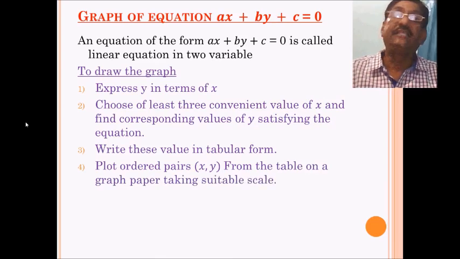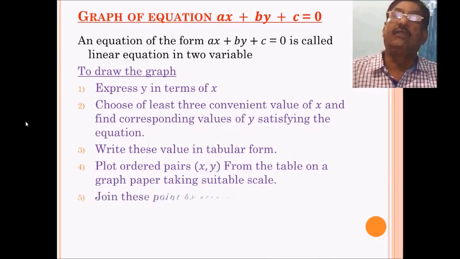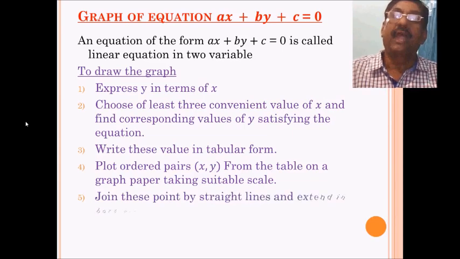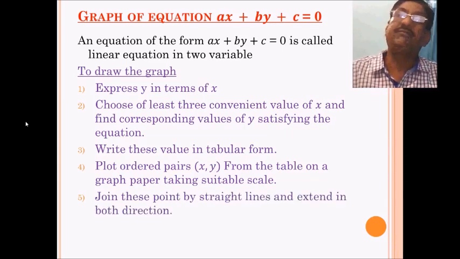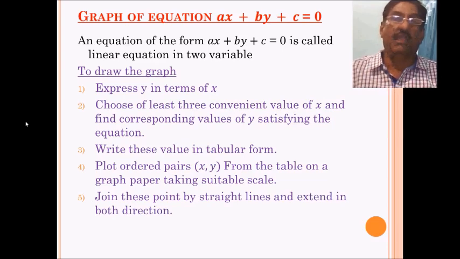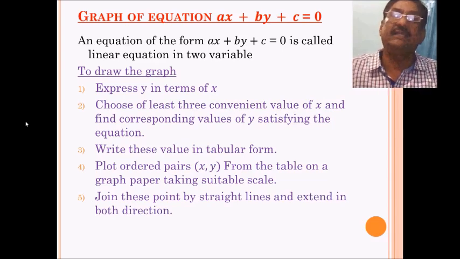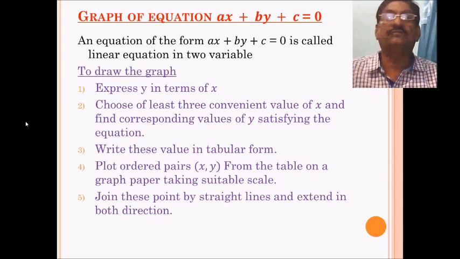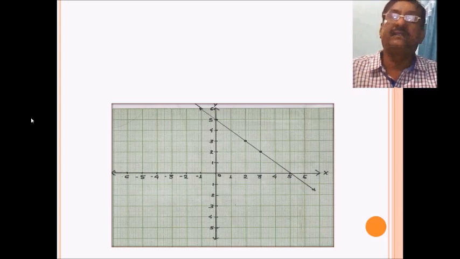To draw these ordered pairs on the graph paper, we take the graph paper, draw the x-axis and y-axis on it, and the ordered pairs shown in the table will be drawn on the graph, and these points are joined with a straight line. In such a manner, we can draw the graph of any equation which is in the form of ax plus by plus c is equal to 0.